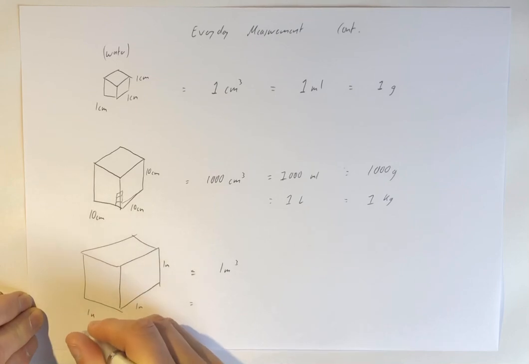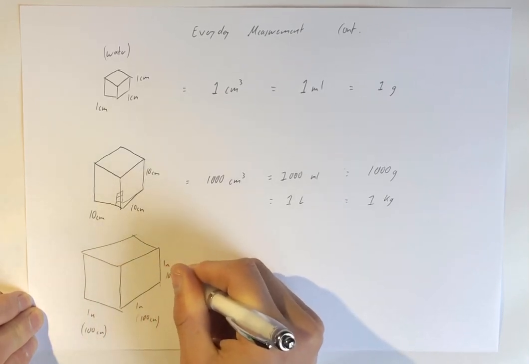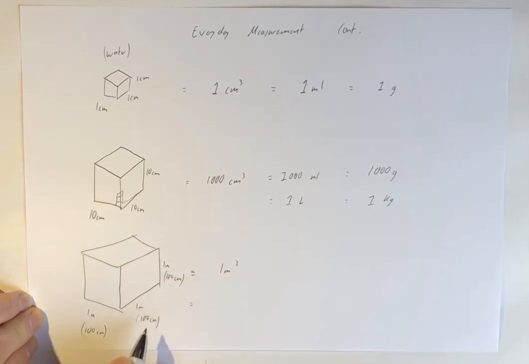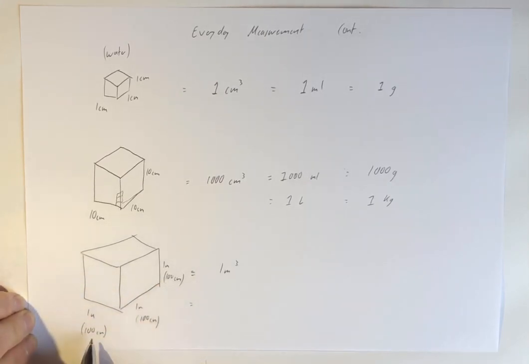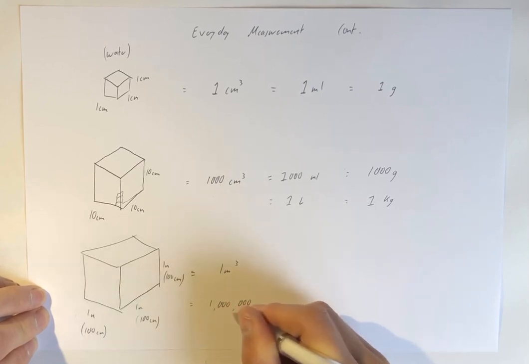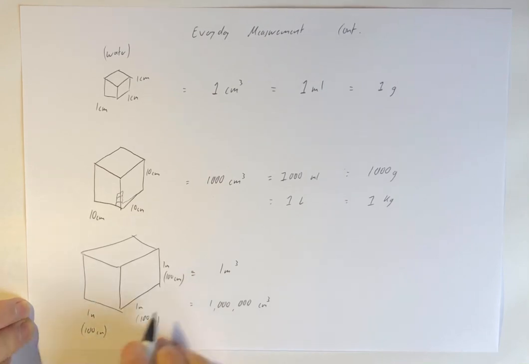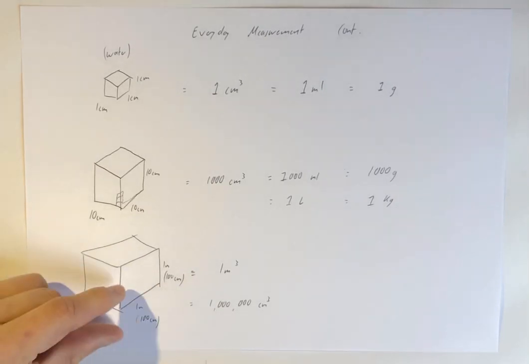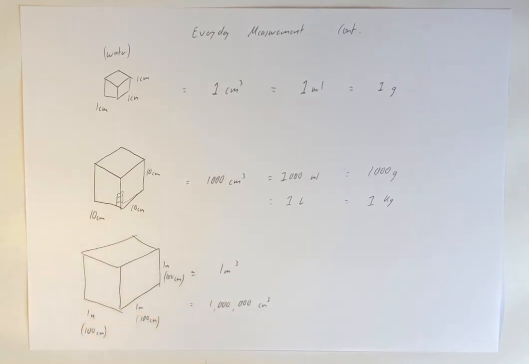Or if this was centimeters, put these in brackets, 100 centimeters times 100 centimeters times 100 centimeters. Well, 100 times 100 is 10,000, times another 100, I believe that is 1,000,000 centimeters cubed. So if I had a meter by meter by meter, I'd be having all these little tiny 1 centimeter cubes in there. I'd get 1,000,000 of them in.